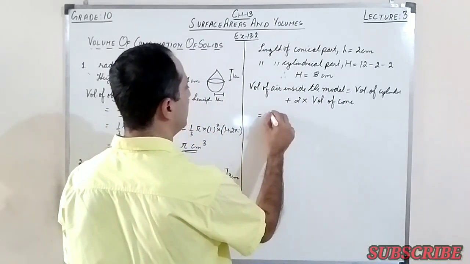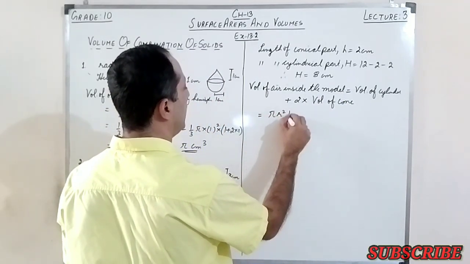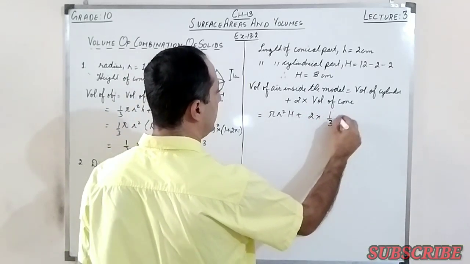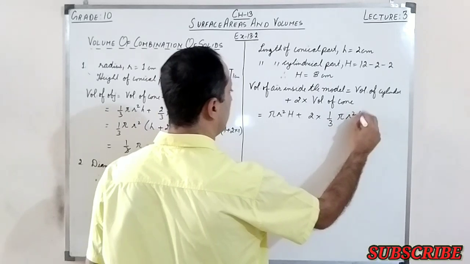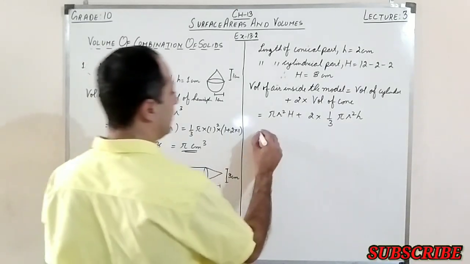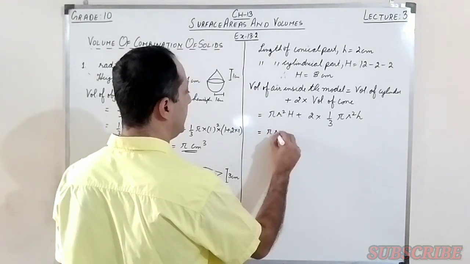So this is pi r square h plus 2 multiplied by 1 upon 3 pi r square h. Right? Now we can take pi r square common here, just to ease the calculations.